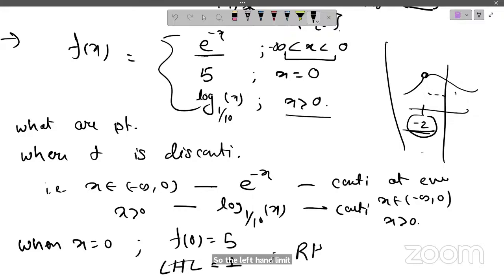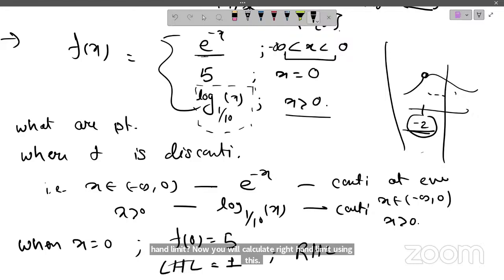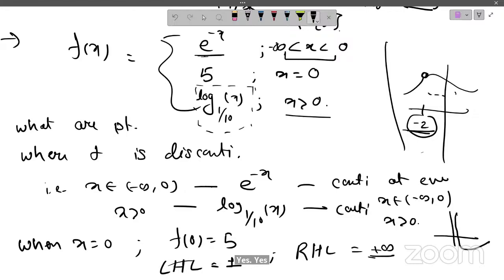And what is the right hand limit? Now you will calculate it using log base 1/10 of x. What will be your right hand limit? Undefined, correct? Because the graph looks something like this, going to plus infinity.